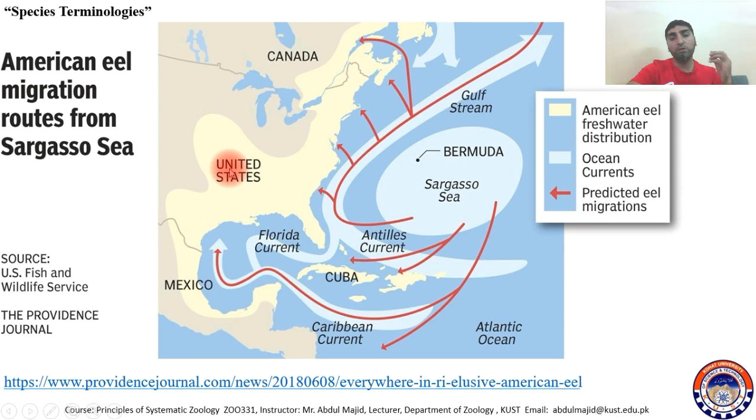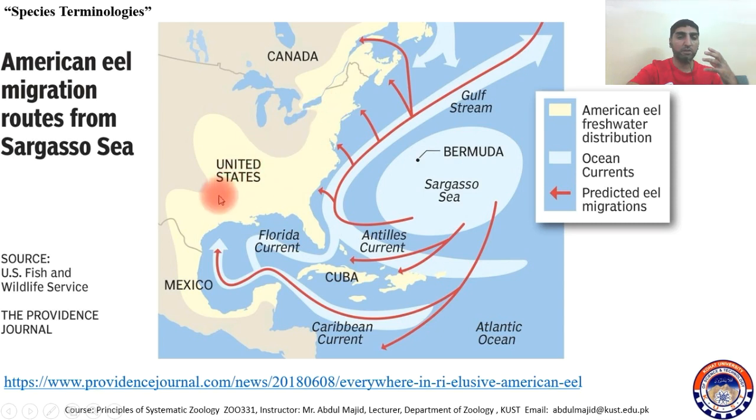But during the time of reproduction and mating, they start their migration toward the Sargasso Sea near Bermuda. They start from all the tributaries of the Canadian freshwater canals. This white color indicates freshwater distribution. So from the freshwater of Canada, the United States, Mexico, Florida, Cuba, and all over the Caribbean, they start their migration.